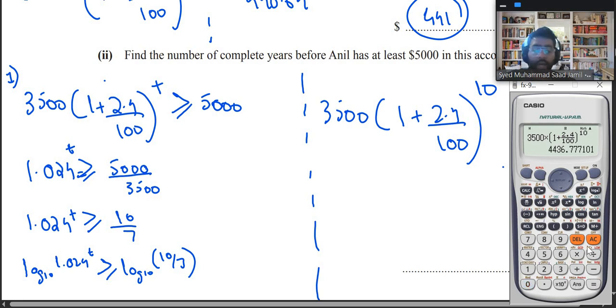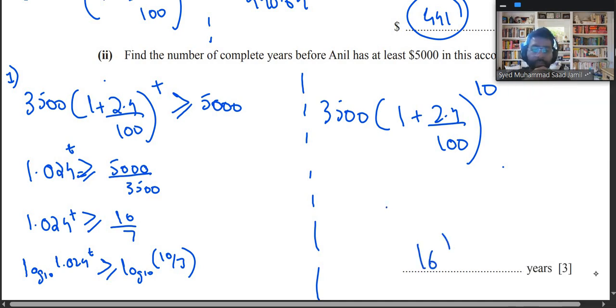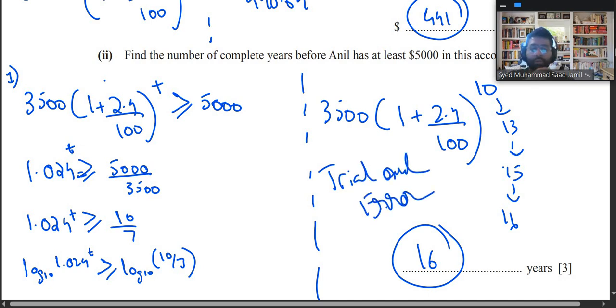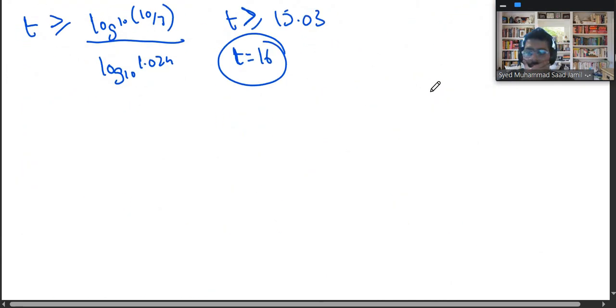So look, the amount is not greater than 5000. Put 13. It's still not greater than 5000. Put 15. It's still not greater than 5000. And put 16. Now it is greater than 5000. So another way is to plug in numbers randomly. It's called trial and error. Okay. Next question.